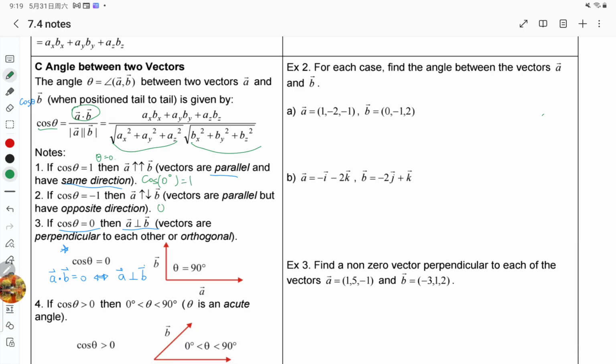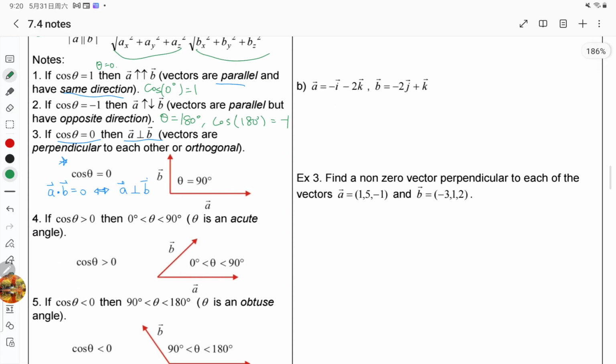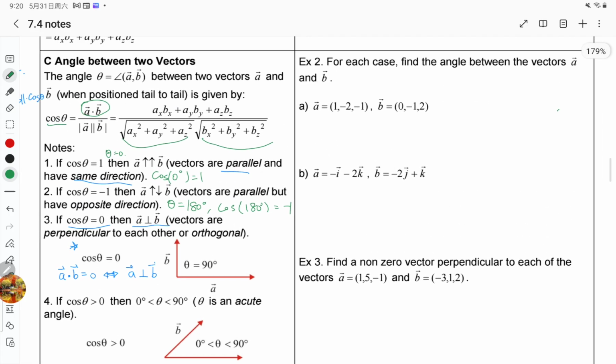And then here theta is 180, and so cosine 180 is -1, right? And there's also the case when theta is 90 degrees. At the bottom here, cosine 90 degrees is 0. Okay, so this is the same old thing.